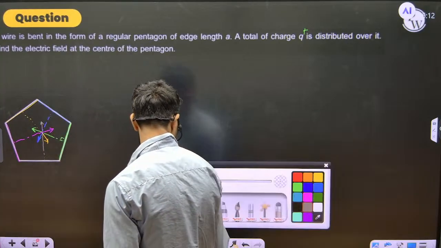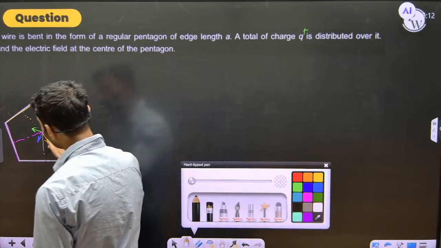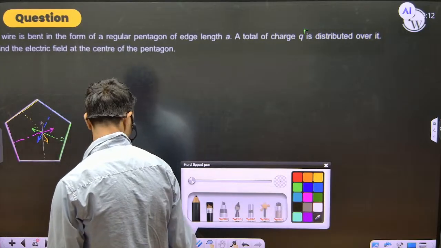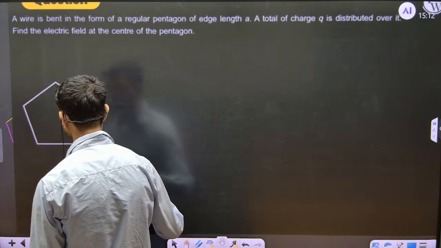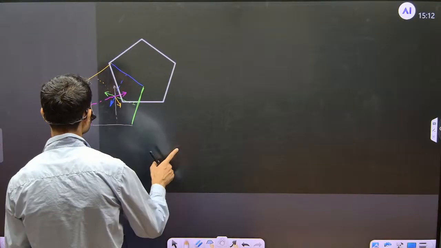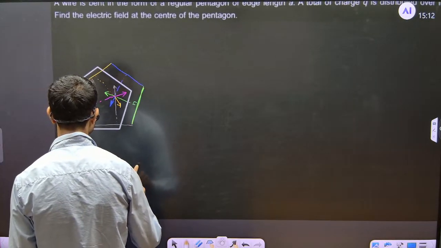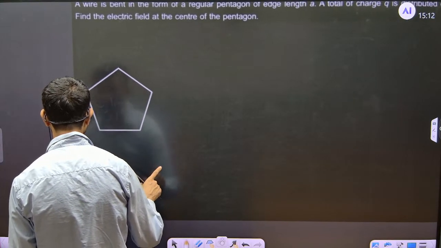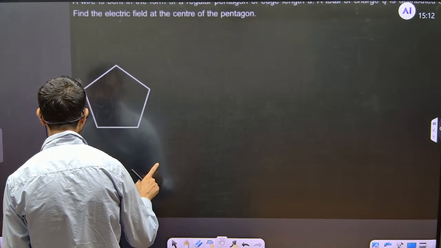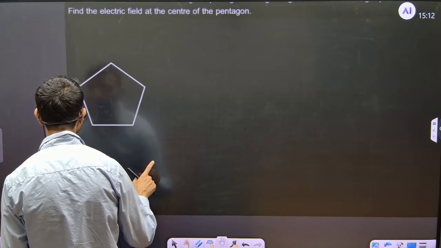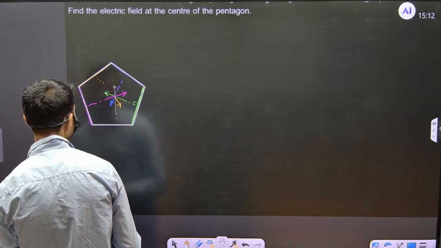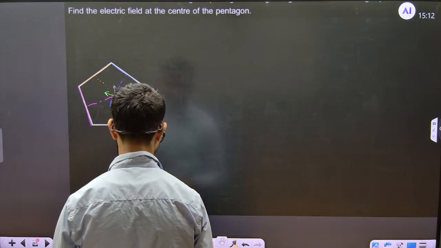Now if you recall, these all electric fields will be equal in magnitude, right? These all electric fields will be equal in magnitude.